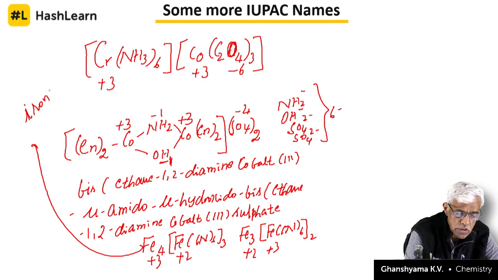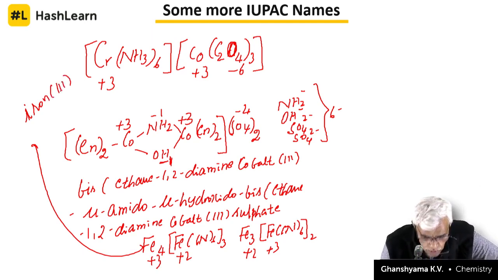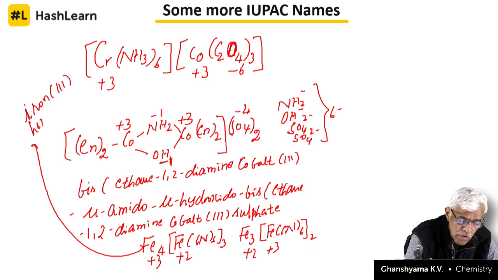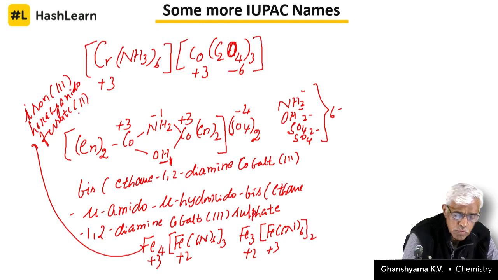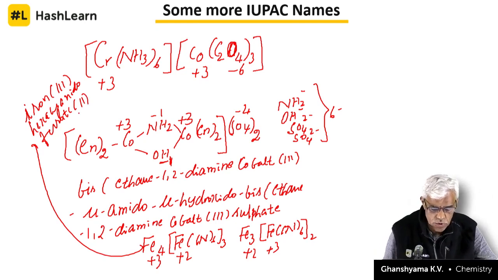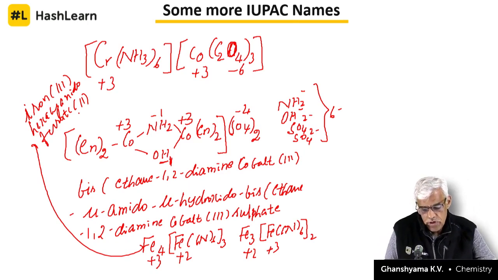It should start with iron 3 hexacyanidoferrate 2. If outside it is 3 ferric, inside it is 2. If outside it is 2, inside it is 3.